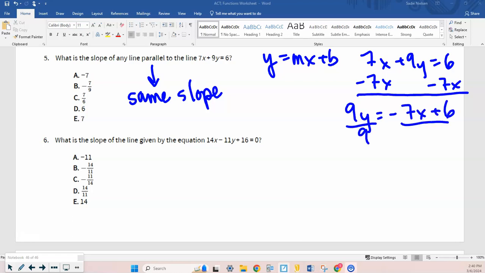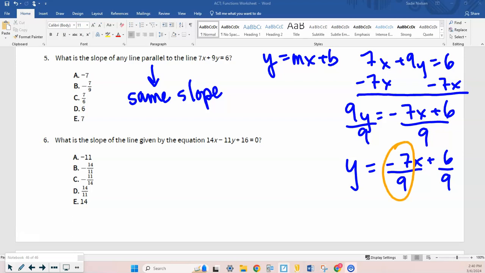Divide by 9, you get y equals negative 7x plus 6 over 9. And when you have one fraction, you can split it up into 2 parts, just like that. So you can put the 9 under the 7x and 9 under the 6. And the slope then is the coefficient of x, that negative 7 over 9. So any line that's parallel to this is going to have a negative 7 over 9 as the slope. That means it goes down 7 and 9 to the right.